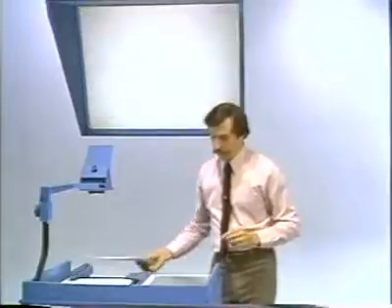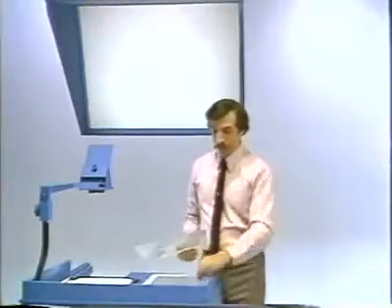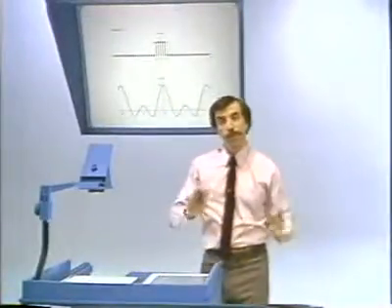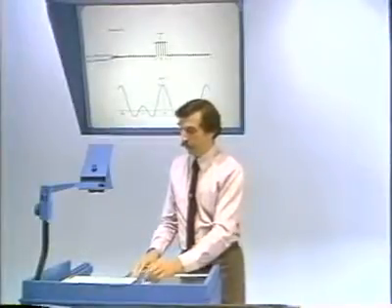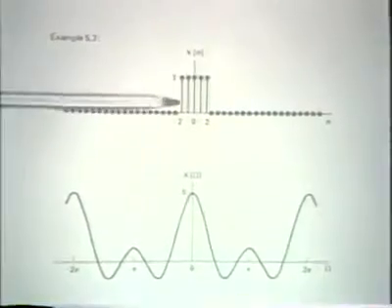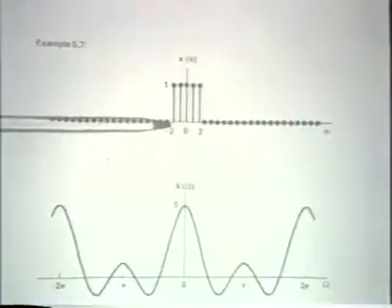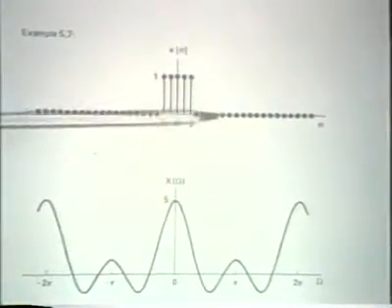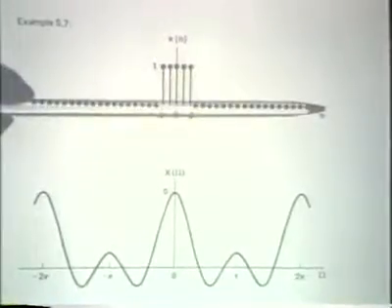All right, let's look at an example. And of course, one example that we can look at is the one that has kind of been tracking us through this lecture, which is the example of a rectangle. Now, the rectangle, if we refer back to our argument of how we get a Fourier representation for an aperiodic signal, we would form a periodic signal where this is repeated, and that's our square wave example.